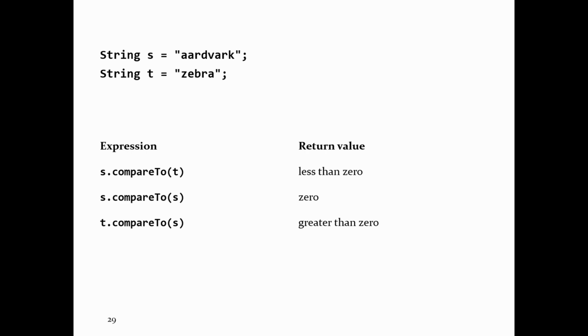Right, so here's aardvark and zebra. So s compared to t, well, aardvark comes before zebra in the dictionary, so this is going to be some negative value. S compared to s, so these are the same strings, so they're definitely equal. So that's going to return 0. T compared to s, zebra comes after aardvark, so that's going to be a value greater than 0.